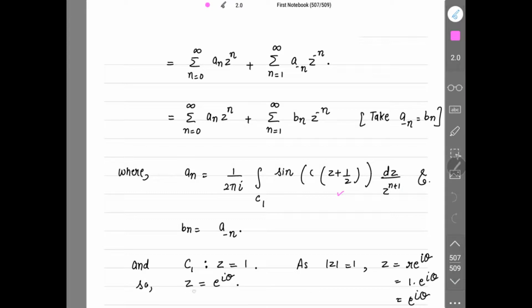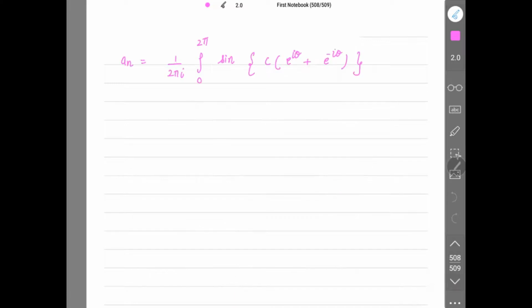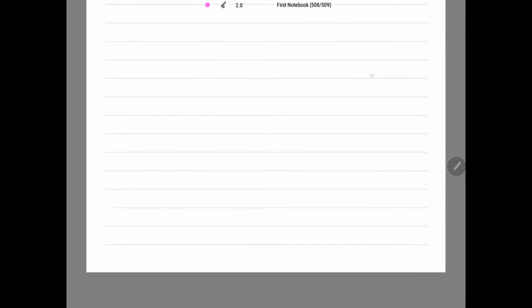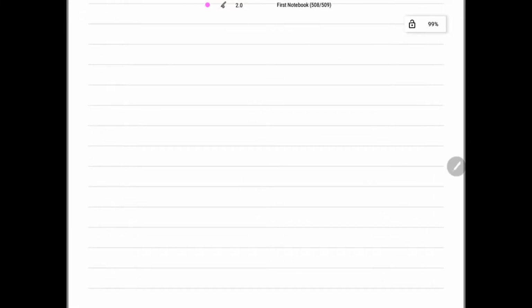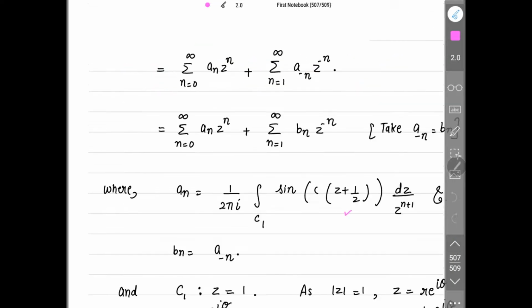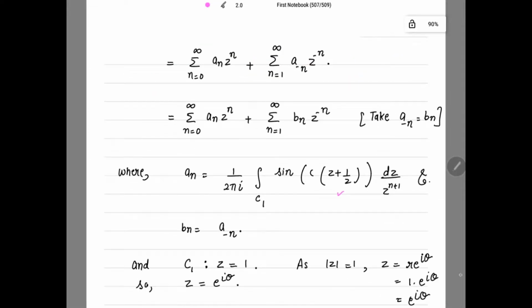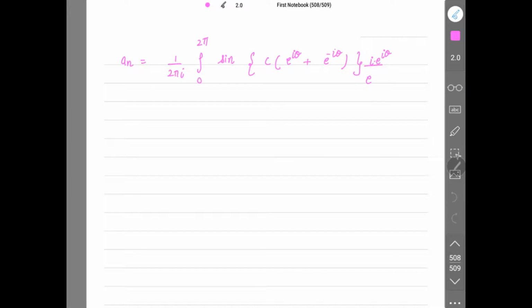If you differentiate this z, you will get i e to the power i theta d theta, over z to the power n plus 1, that is e to the power i(n plus 1) theta.